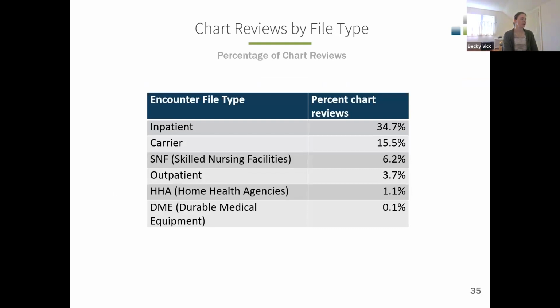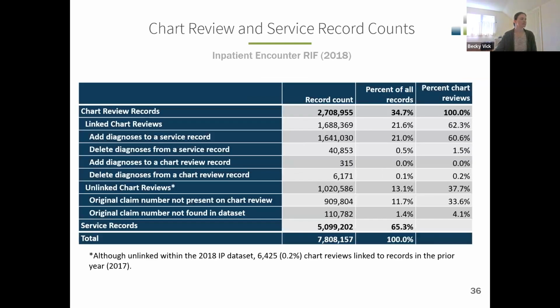Here's a table that gives you the percentage of chart reviews by file. You can see that the inpatient file is the one with the highest percentage of chart reviews. This is a very detailed table giving you an accounting of the chart reviews in the 2018 inpatient RIF.